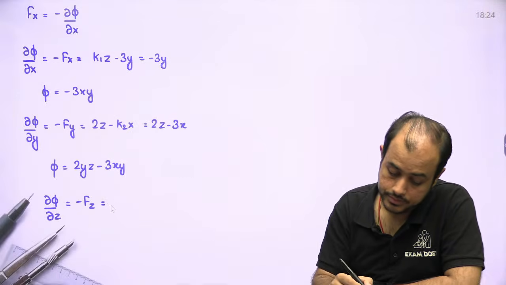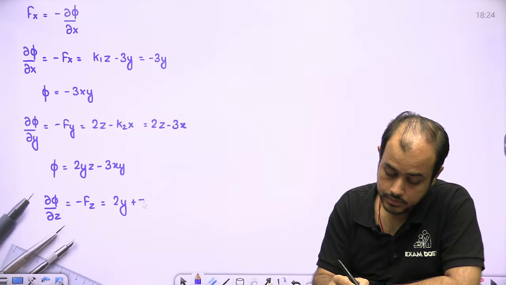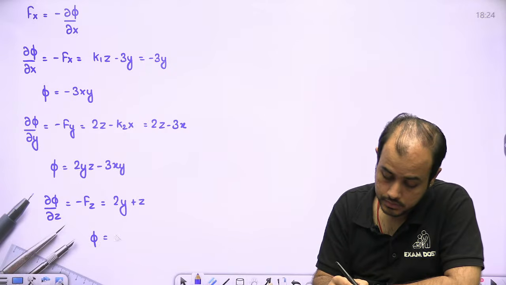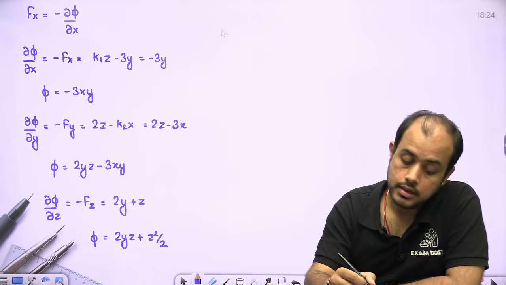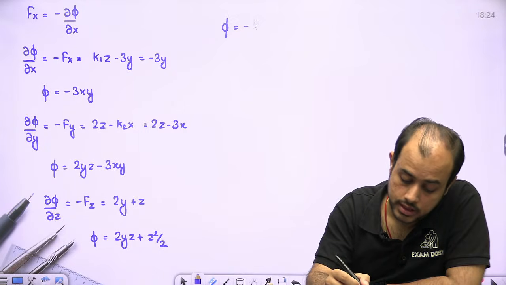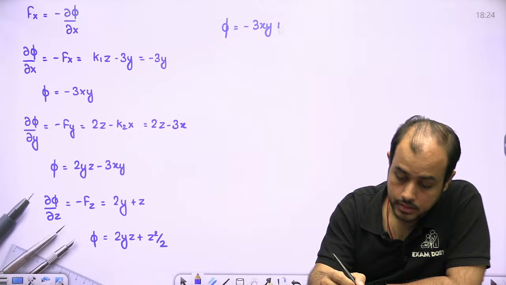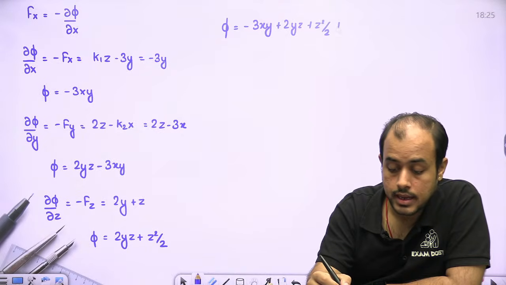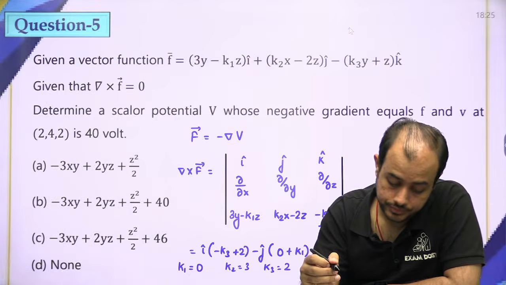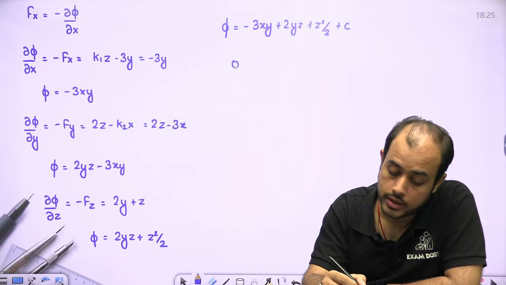K3y plus z. Now take the union of the terms, beta. Add a constant.